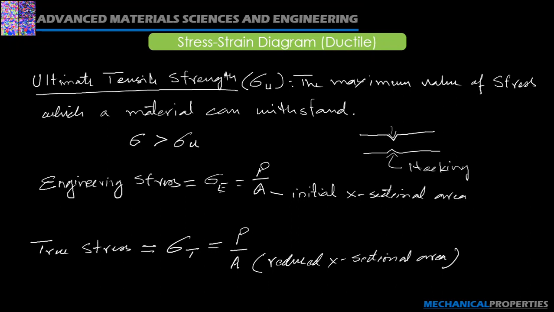Now to plot the stress strain diagram for a ductile material, let's assume we use mild steel. Mild steel is a ductile material and it is also known as a structural material.